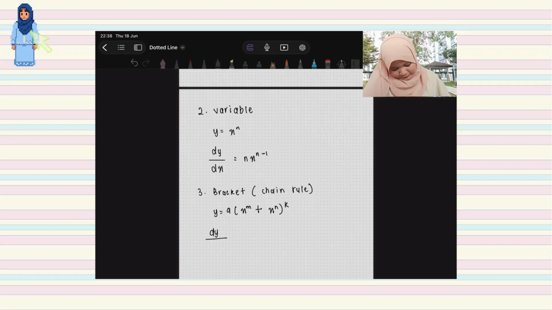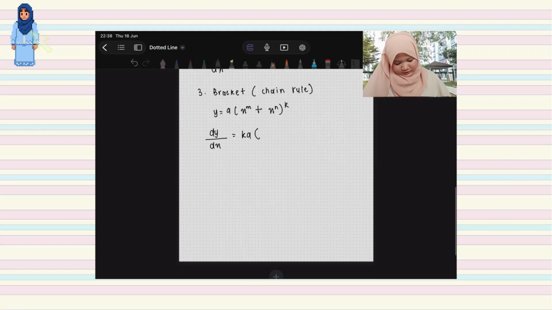We differentiate to dy over dx equals k a open bracket x to the power of m plus x to the power of n close bracket to the power of k minus 1 open bracket m x to the power of m minus 1 plus n x to the power of n minus 1 close bracket.